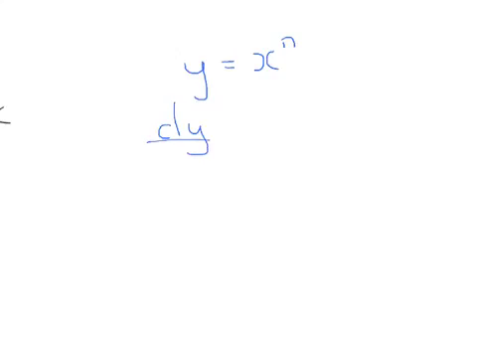We get dy dx, and that equals the n comes down in front, so it becomes n multiplied by x to the power of, and if we remember, that number, whatever this is up here, decreases by 1, so it goes to the power of n minus 1.